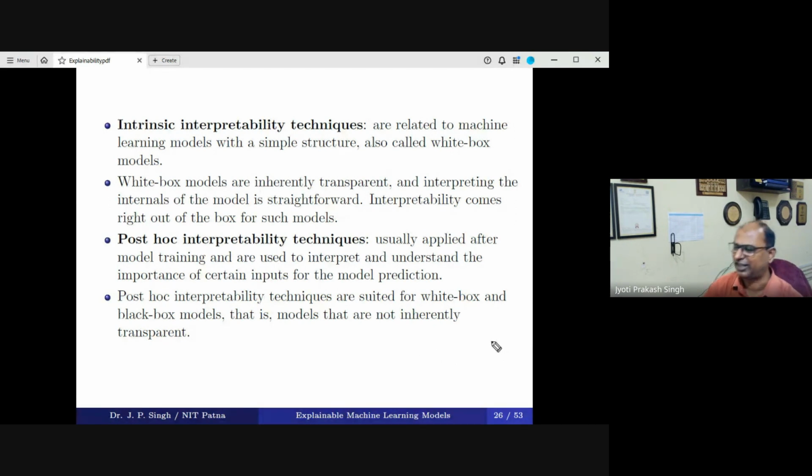Regression looks like this. Now we know that the most important feature in this particular case is x1. This is the next important feature. This feature is not very important.